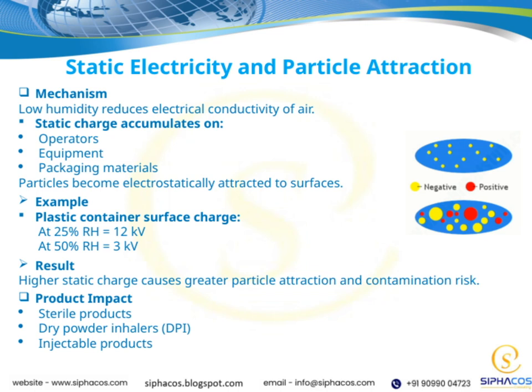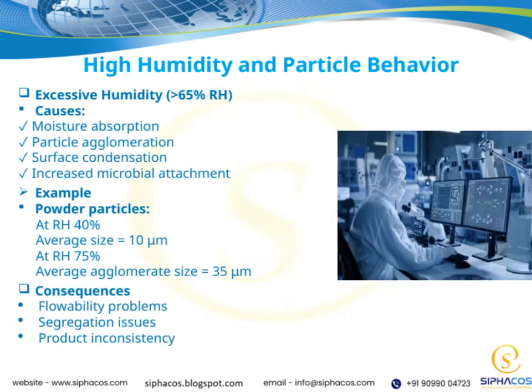For example, a plastic container at 25% humidity can hold up to 12,000 volts of charge, but at 50%, it drops to just 3,000. More static means more particles attracted, which raises contamination risks, especially for sterile products, dry powder inhalers, and injectables.